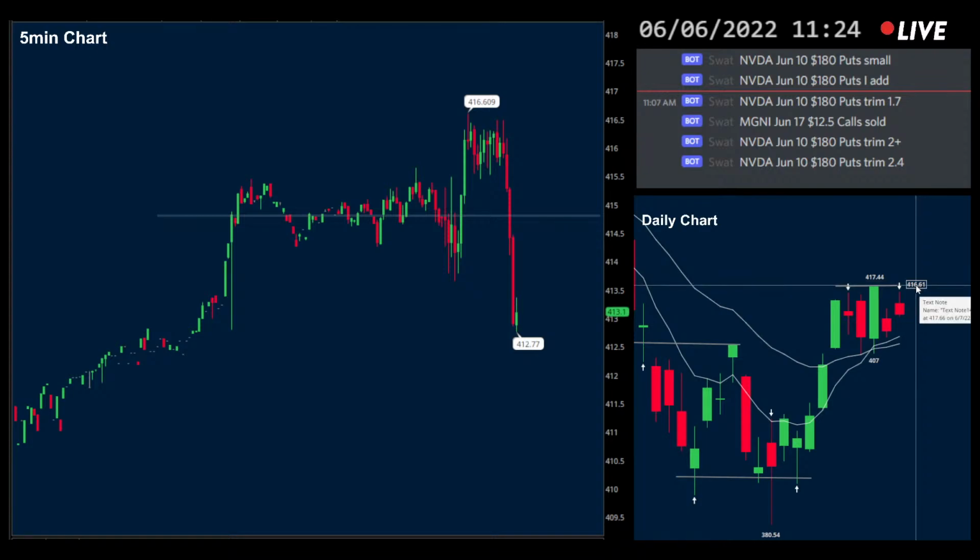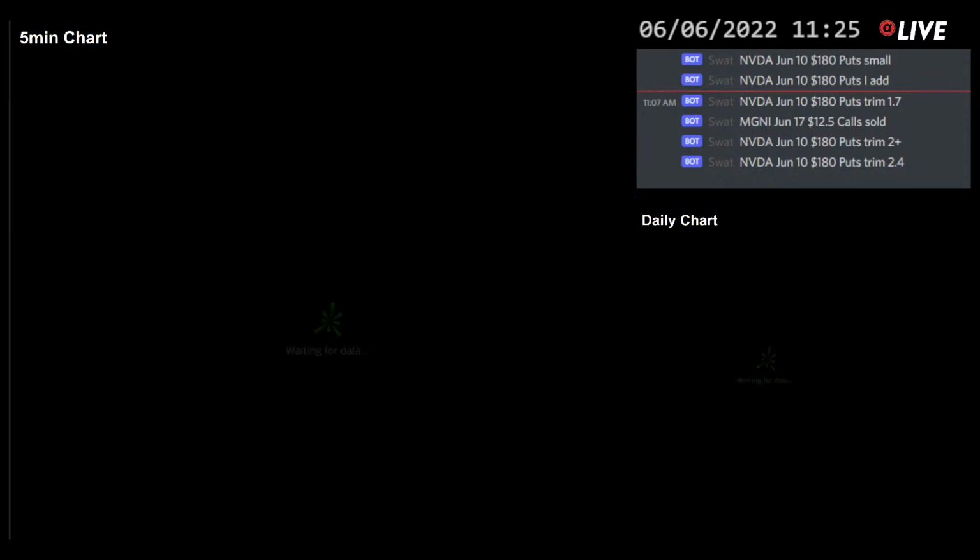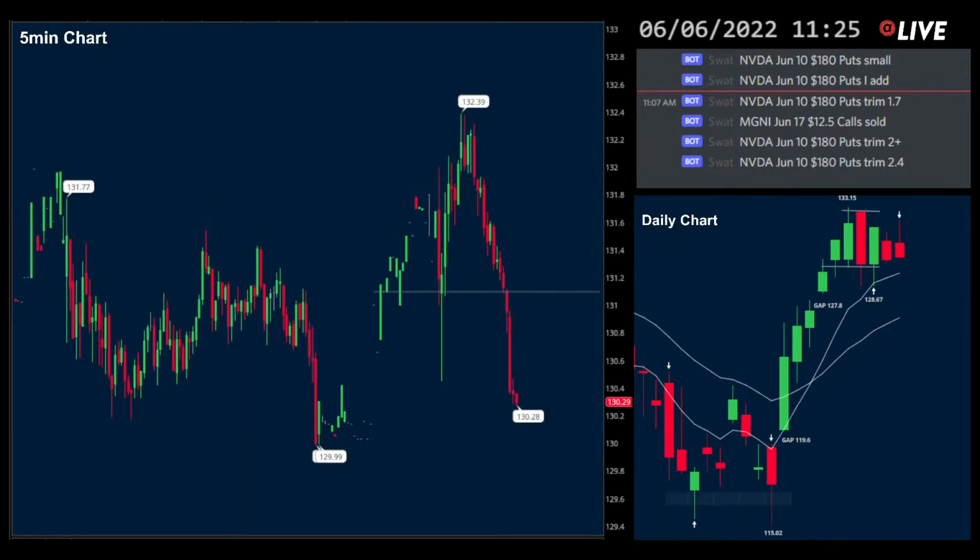So SPY, if it breaks below 412, we have 410, 408, 407. JP Morgan will lose on the day.